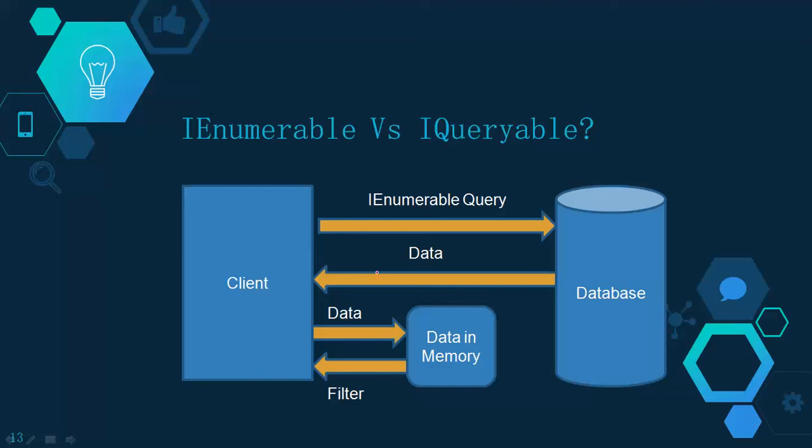When we use IEnumerable, it queries the full data from the database, and that data is taken into the memory of the application. Then the application applies the filter on it, and the data is used by the client. So this technique has severe implications when data is large.